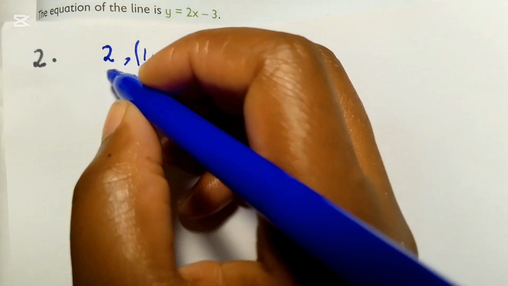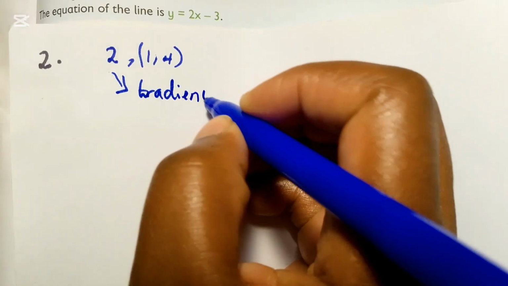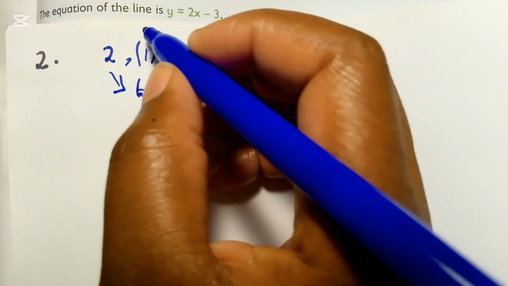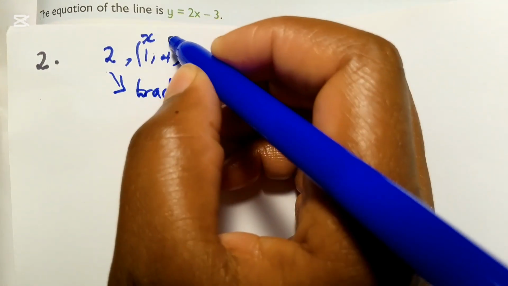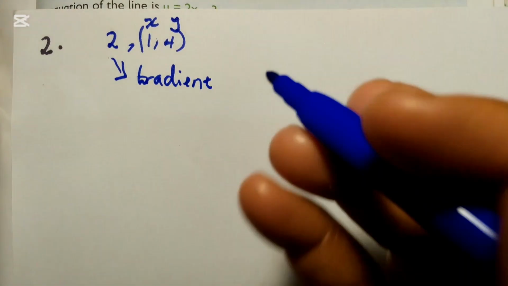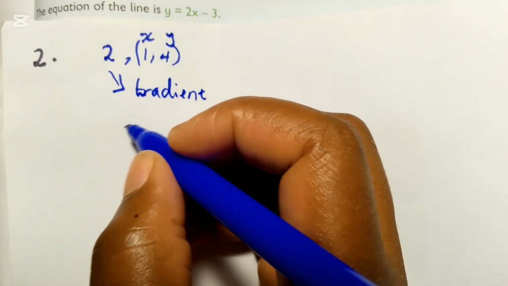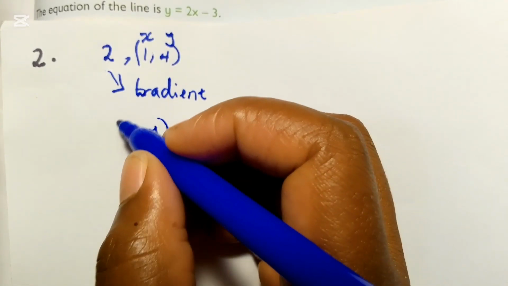So this is the gradient, and then we have the point x and y. As we said, we're going to take another point x, y.